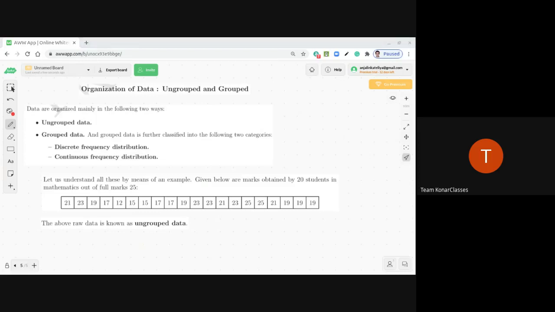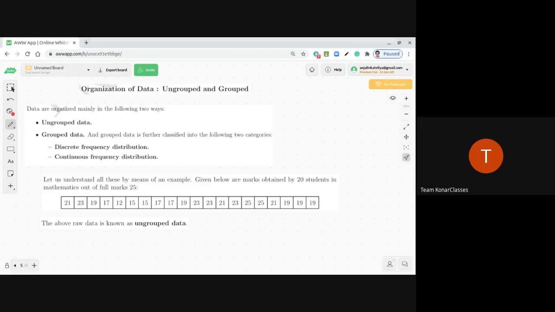Now, dear students, from the data in front of your screen, we observe that the same marks are obtained by multiple students. For example, mark 17 is obtained by 3 students.